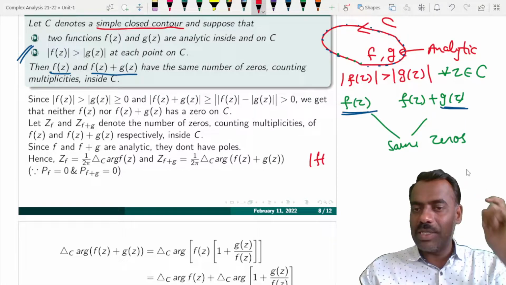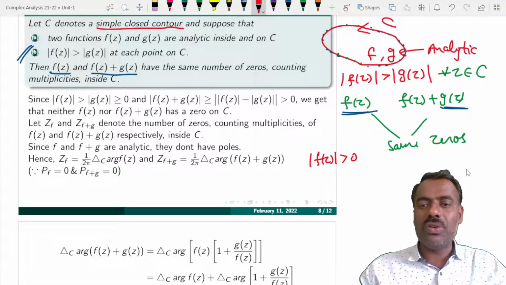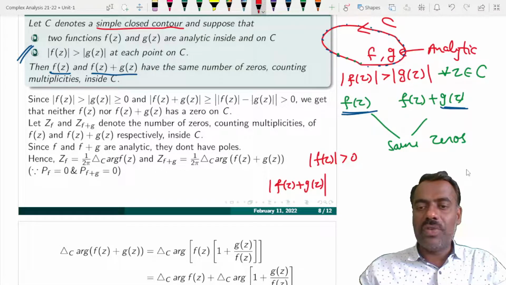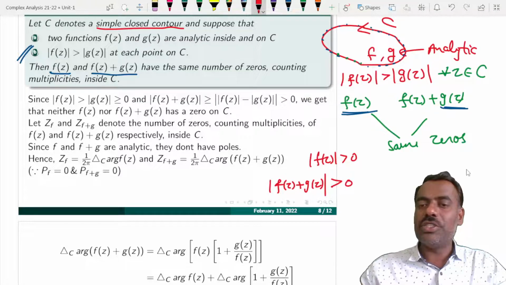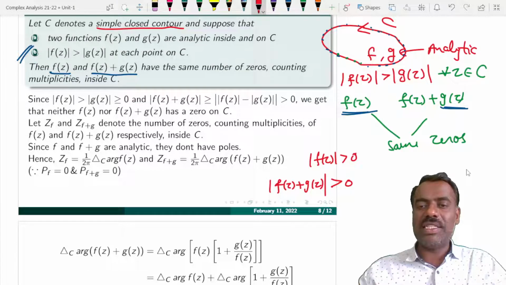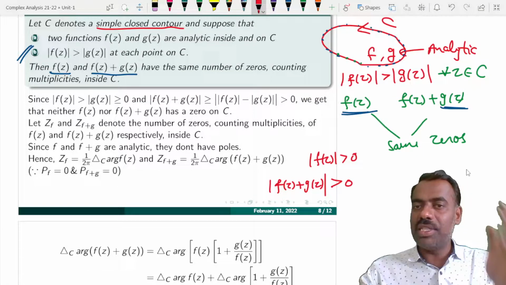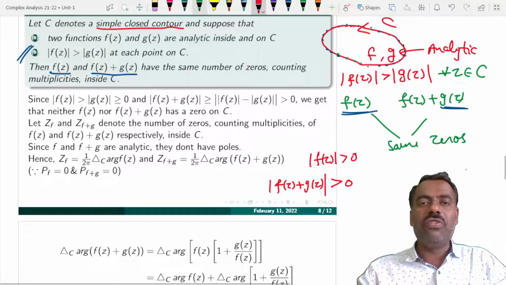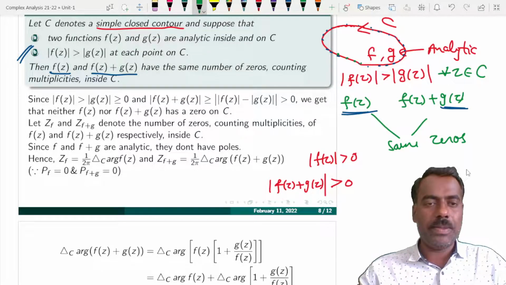So what we get here is mod f of z is greater than 0, and mod f of z plus g of z, by using the triangle inequality, is again strictly greater than 0. So both of them don't have zeros on this C. Because to apply the previous result, we require that they be non-zero on C, right?